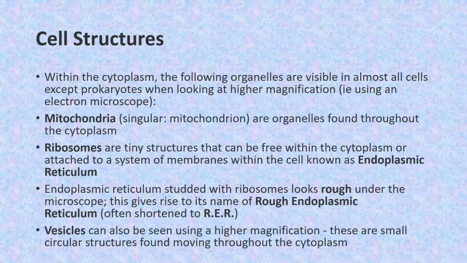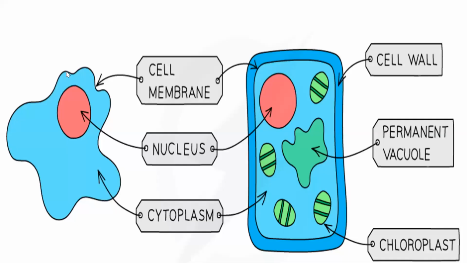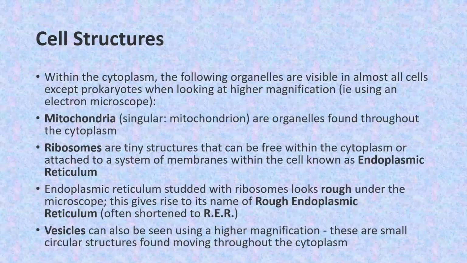Now we talk about the cell structures within the cytoplasm. Do you know this cytoplasm? Other than the nucleus, we are talking about mitochondria, ribosomes, endoplasmic reticulum, vacuole, and so on. Within the cytoplasm, the following organelles are visible at higher magnification in almost all cells except prokaryotes.